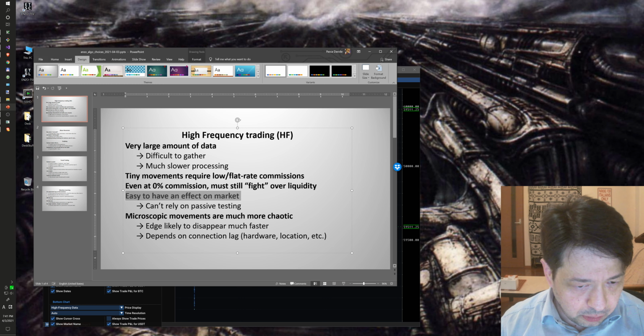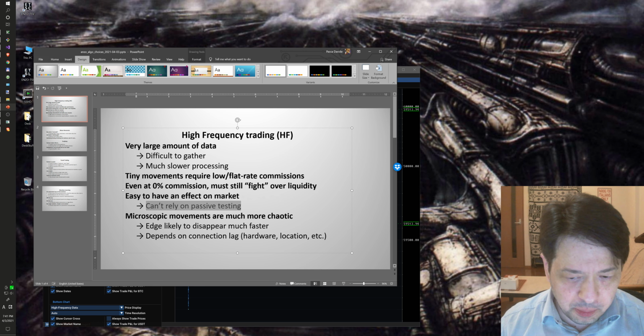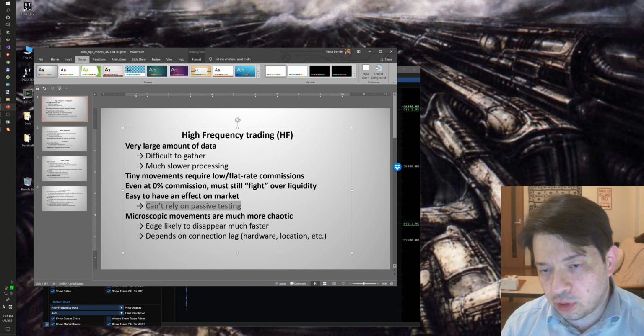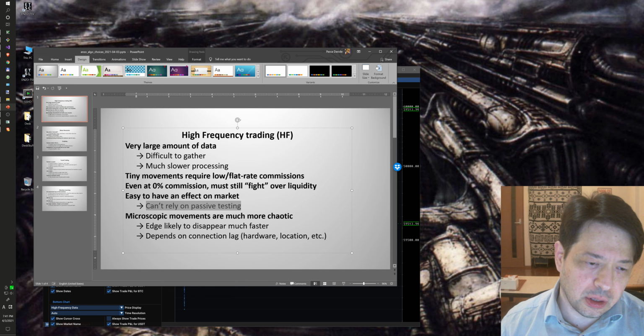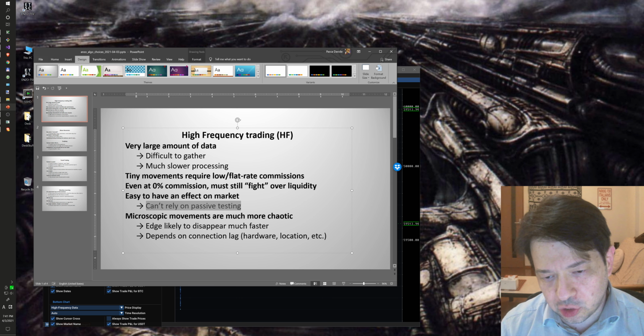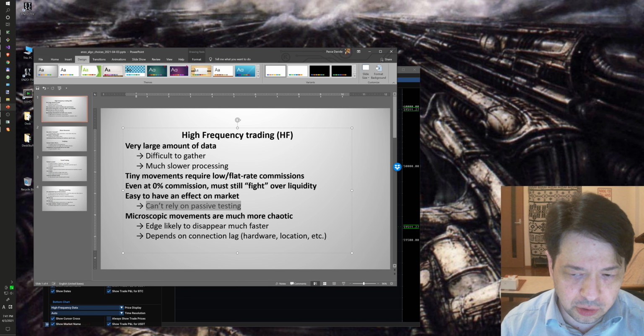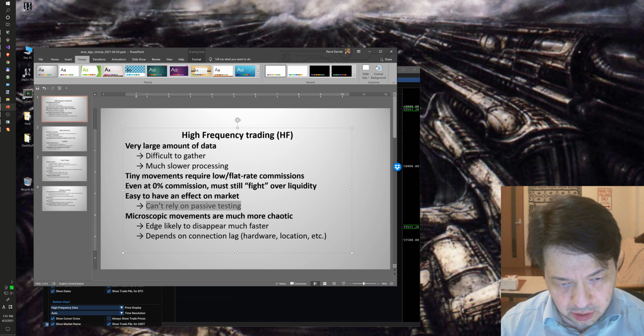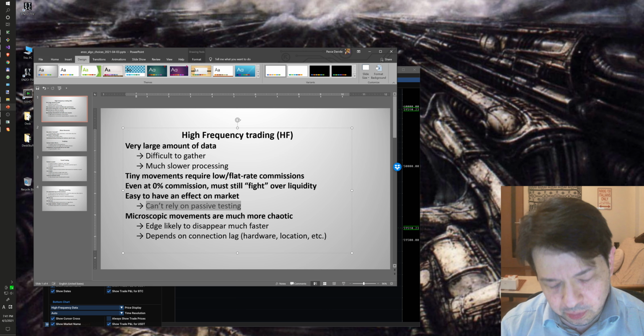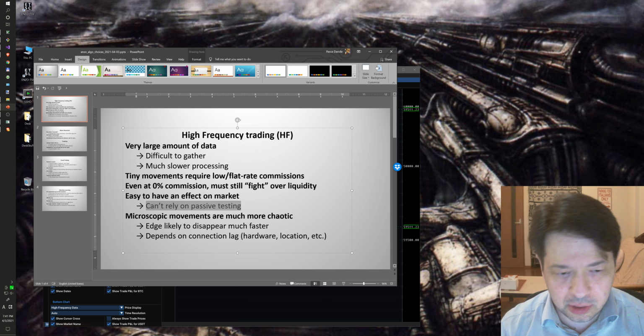So yeah, one can't really rely on passive testing. When doing low frequency trading, one can take several years of data and pretty much assume that he can place those trades without the market being modified by those trades that are applied.